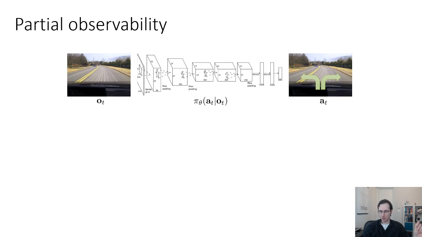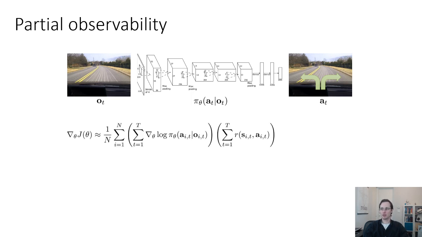Many variants of policy gradient, like actor-critic methods, do care, but regular vanilla policy gradient is one of the few algorithms that does not care, which means that if you have a partially observed problem, you can just plug in those observations into your policy and nothing about the algorithm needs to change.